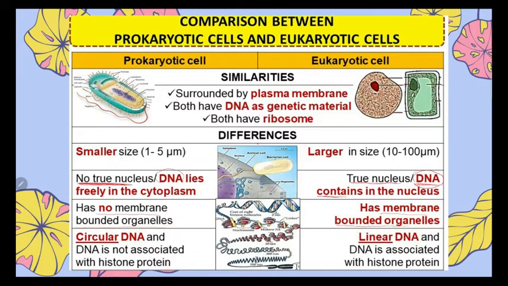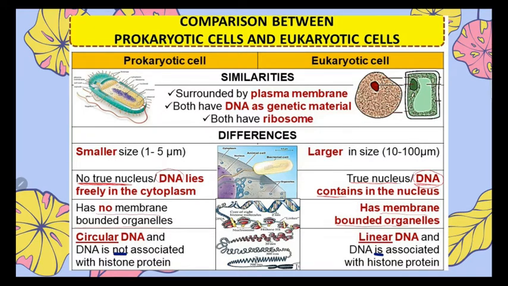Okay, in terms of the characteristic of the DNA, for prokaryotic cell, the DNA is circular DNA and DNA is not associated with histone protein. While for eukaryotic cell, the DNA is linear DNA and the DNA is associated with histone protein.